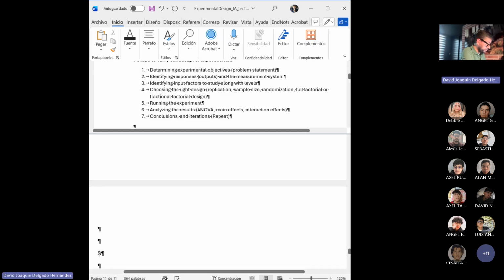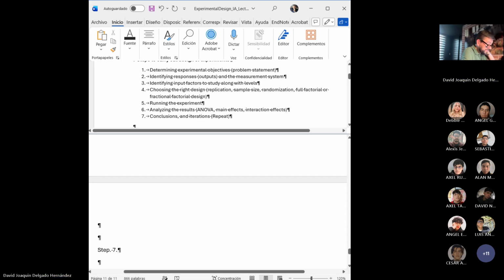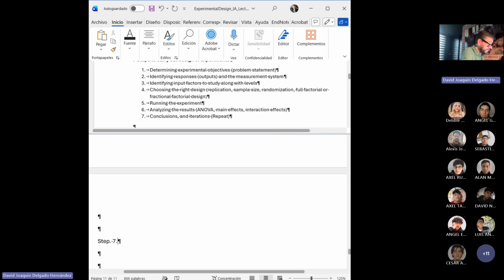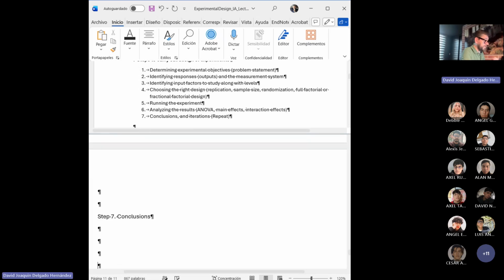Then we are going to go to step 7, which is the conclusions. So let me go back to the Matlab.